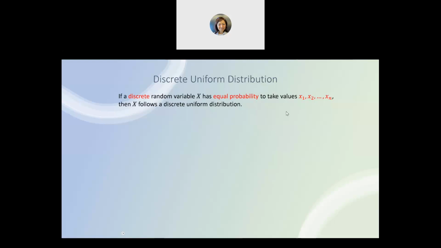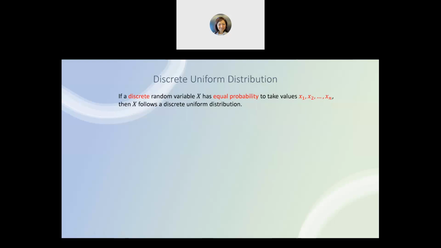Let's start with writing out the probability mass function of x. Now, if x has equal probability to take on n different values, then the probability for x to be any one of these n values is 1 over n, right?